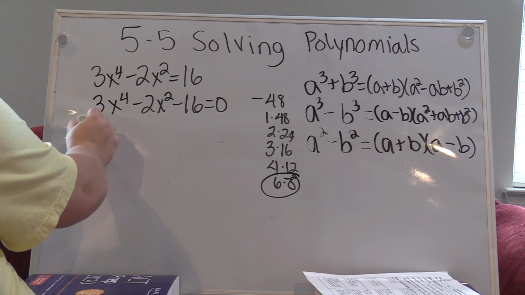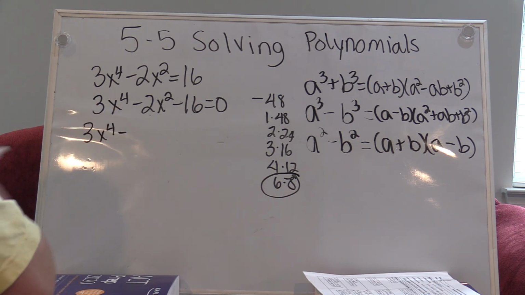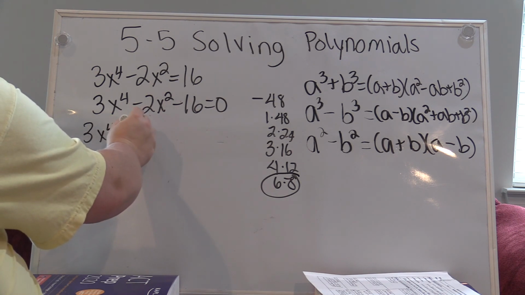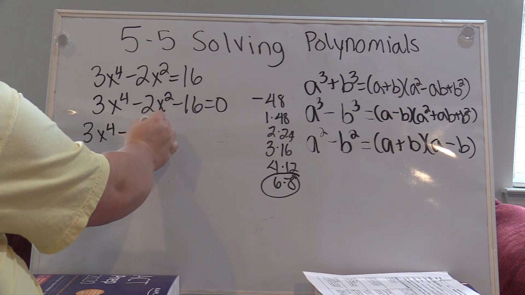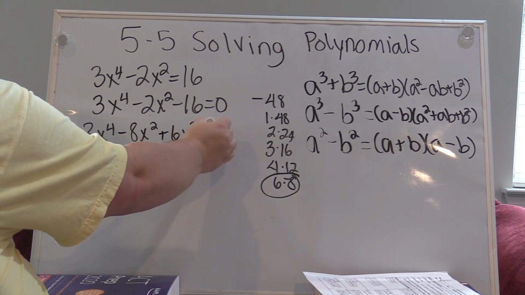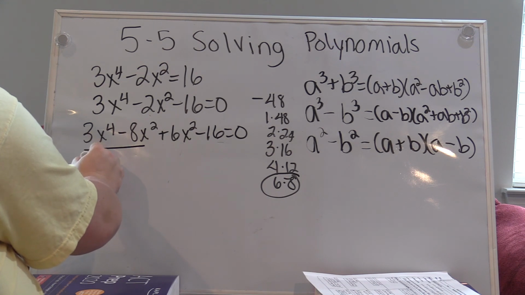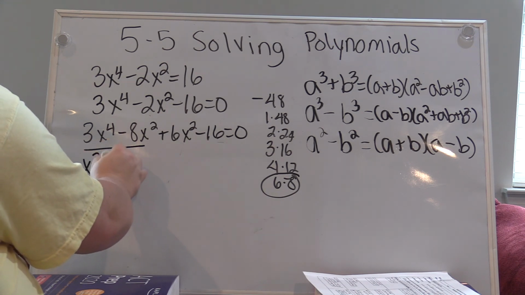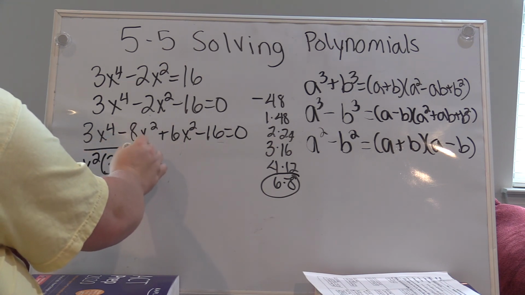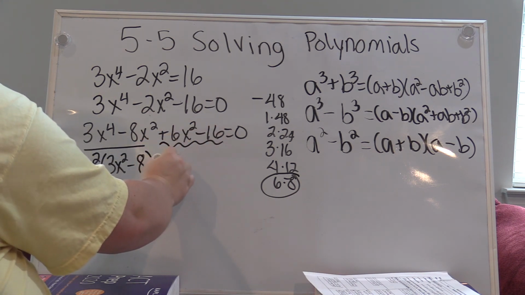So I get 3x to the 4th minus 8x squared plus 6x squared minus 16 equals 0. The GCF of these two is x squared. The GCF of these two is positive 2.